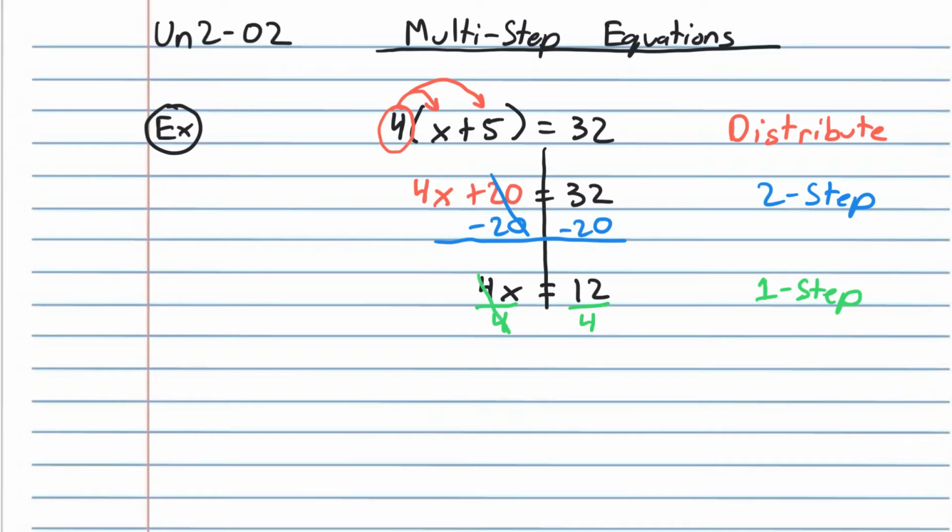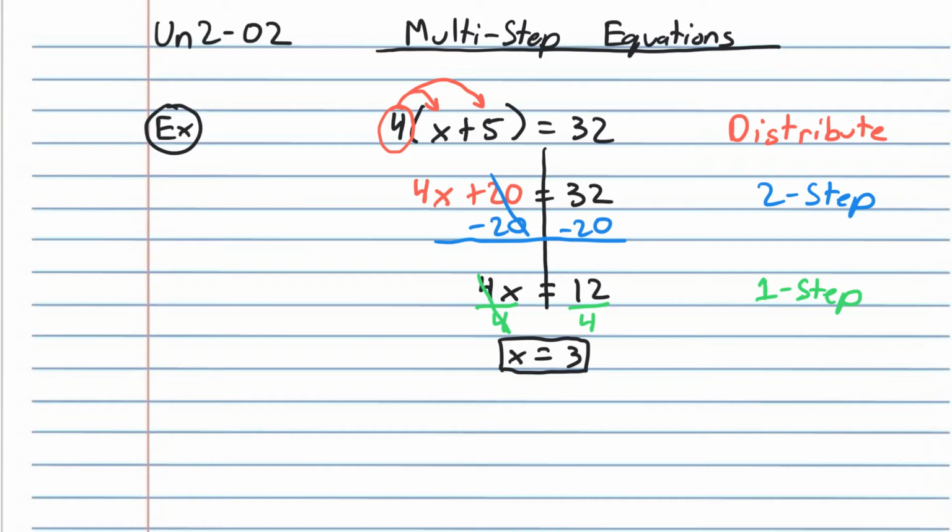Again, whatever you do to one side, make sure you do it to both. And 12 divided by 4 gives you 3. Notice we stayed organized the entire way. I highly recommend you draw those lines where the equal sign should be so you can see exactly the left side and the right side. Do one thing at a time, because otherwise it's very easy to get lost.